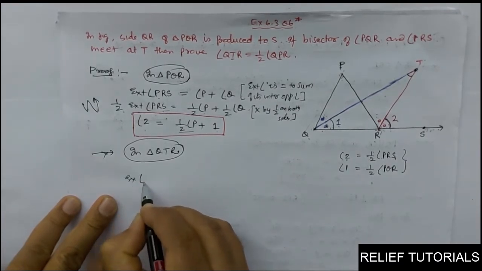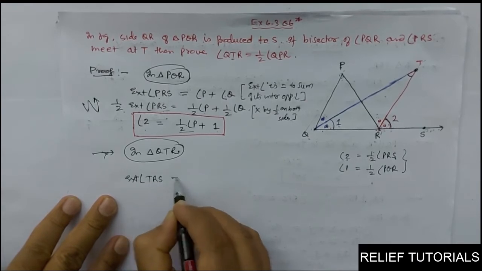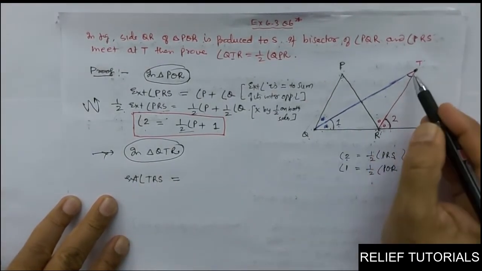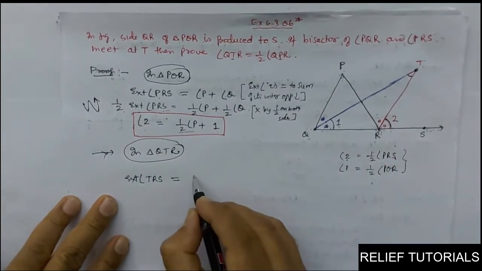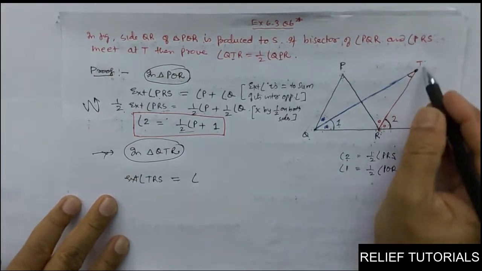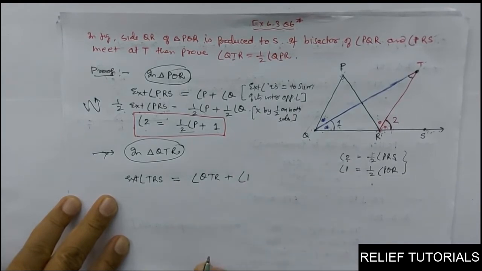So exterior angle TRS is equal to the sum of its interior opposite angles. So I can say that is equal to angle T, that is angle QTR, plus angle 1.